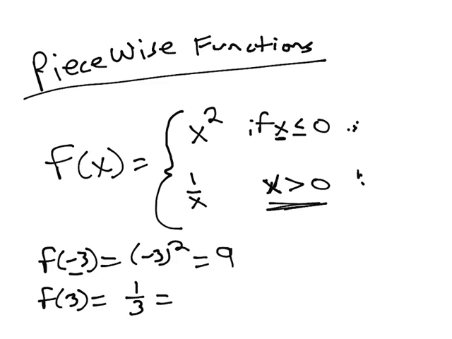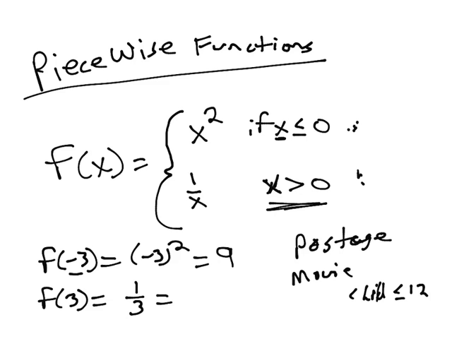Now these are all over the place. You run into these in like your post office, where they charge you more when your package weighs more. When you go to the movie theater, you run into this because you get to pay child prices if you're less than 12 years old, probably strictly less than 12.